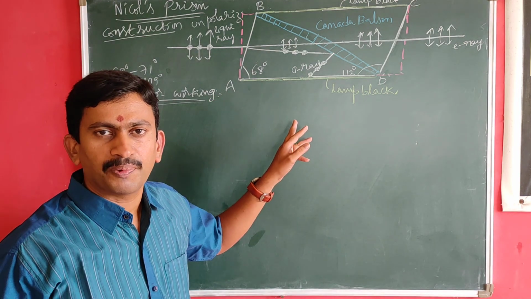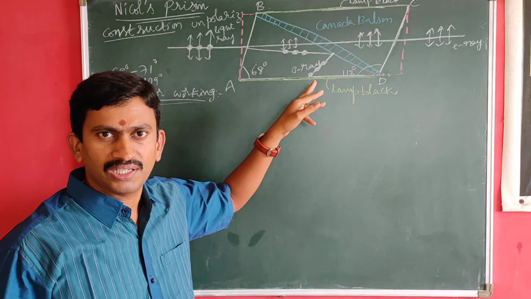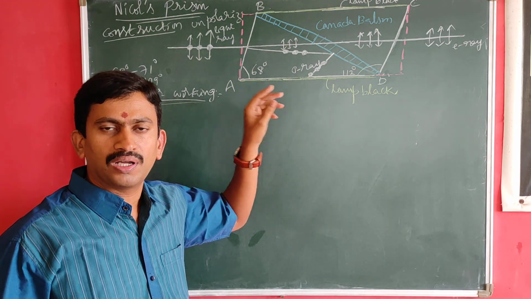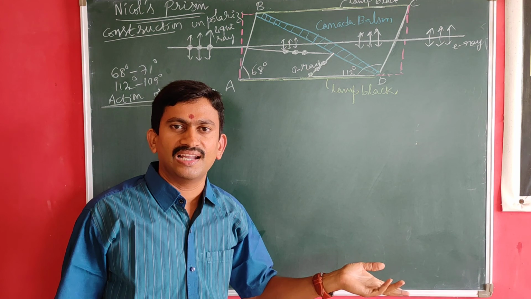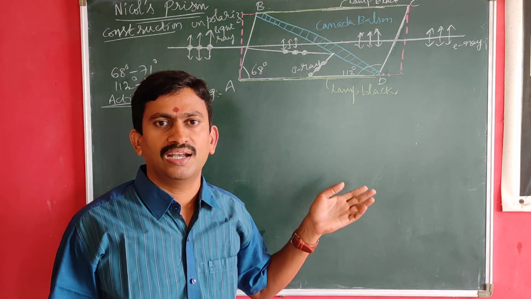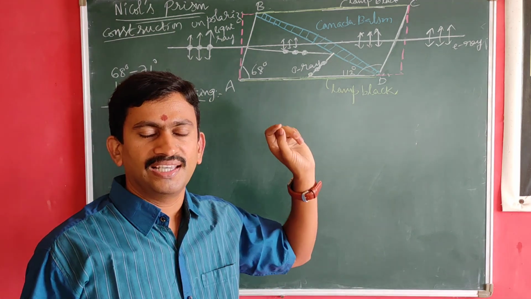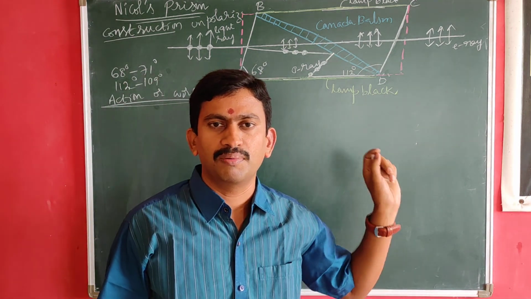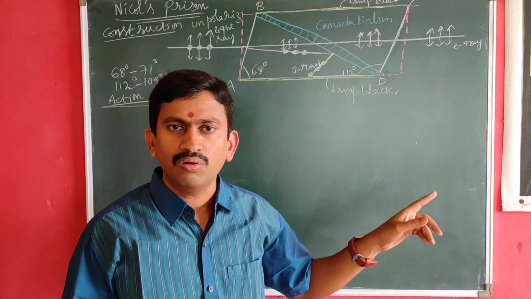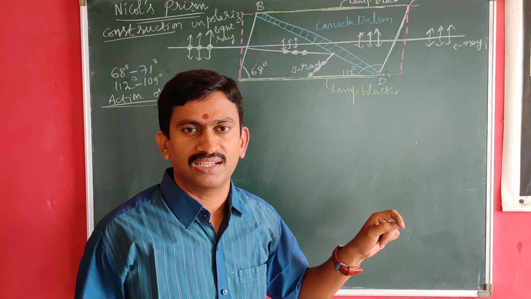When unpolarized light is incident on this nickel prism, it splits into two components as we already discussed in the double refraction concept. This phenomenon we call double refraction, and the material exhibiting it we call a doubly refracting crystal. This nickel prism is also made with such doubly refracting crystals.